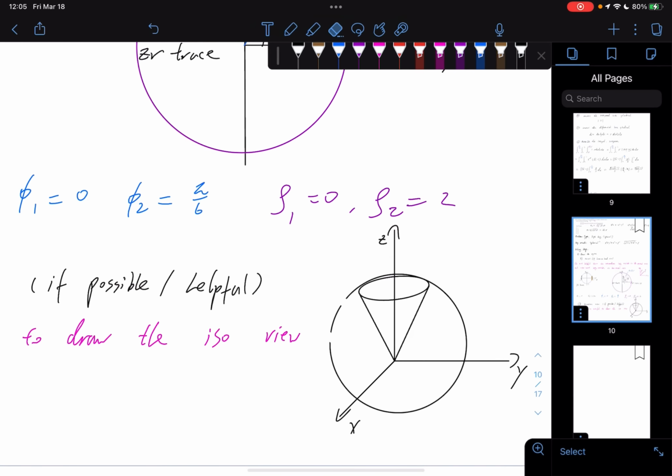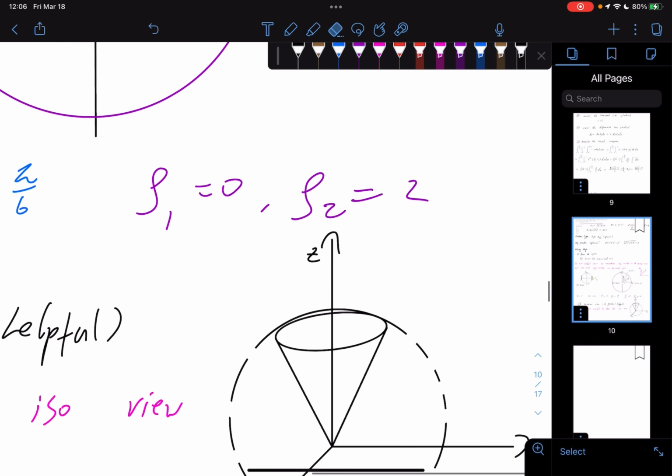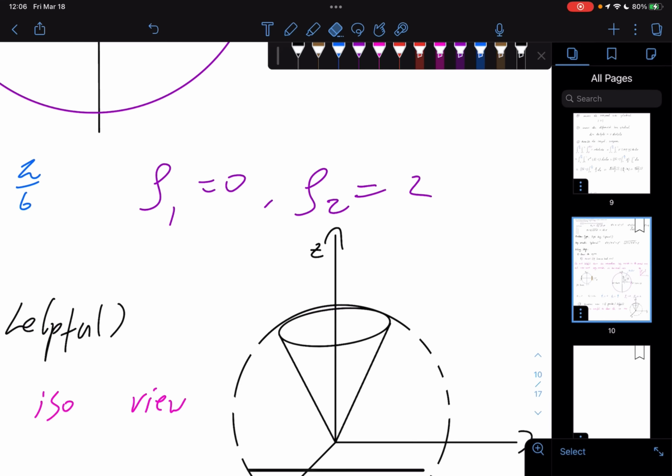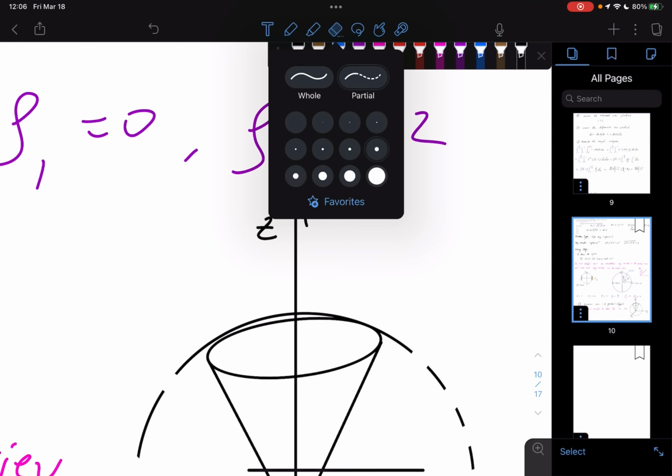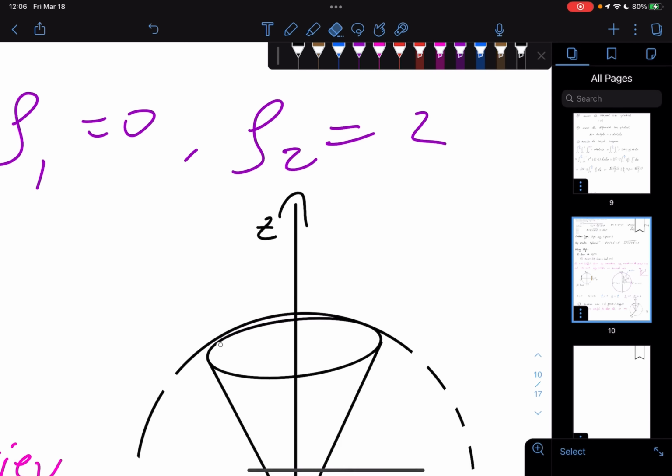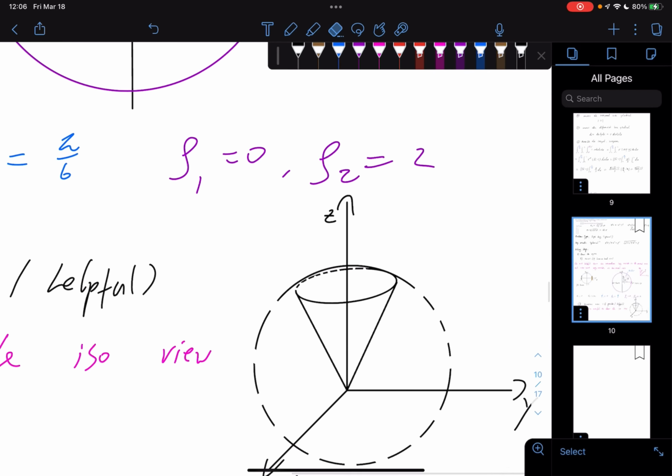Because we are not going to be able to see what's behind the ice cream cone, since it's covered by the ice cream on the cone, we can also hide this part. So this is the region of integration.